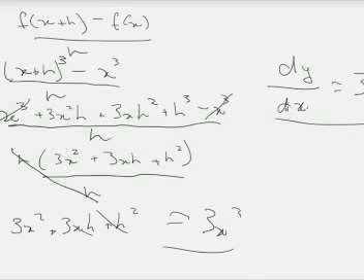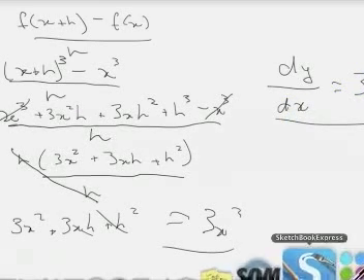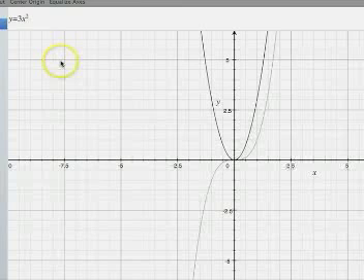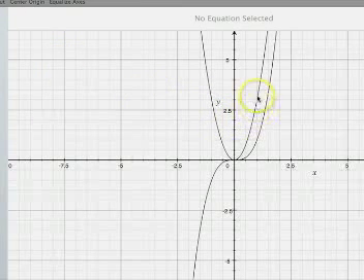And now let's show that graphically. We can do that right over here. There you go, 3x squared. There is that graph. And I'll prove to you that each of these values represents a slope right here.